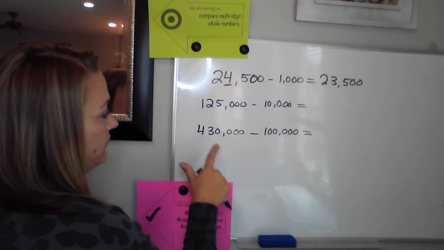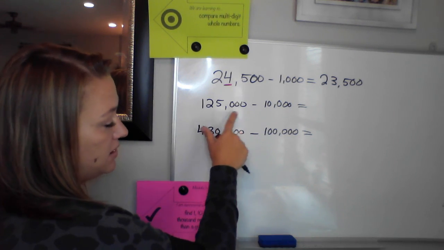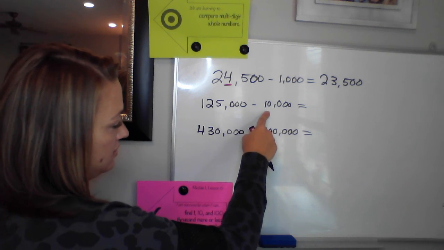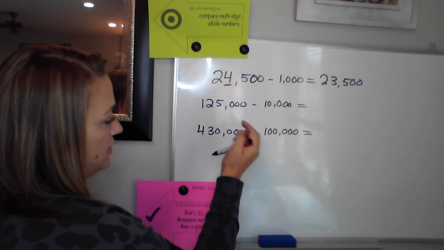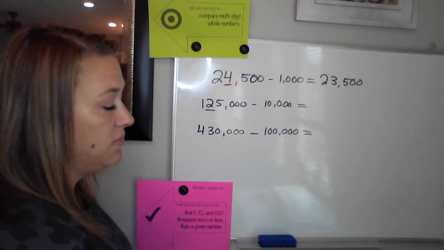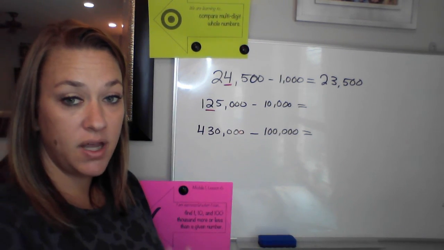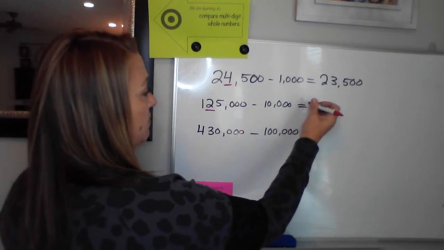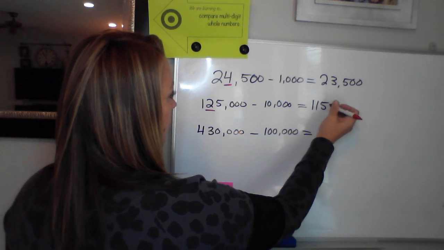How about this one? So I have 125,000 minus 10,000, taking away 10,000. So I'm going to locate my 10,000s place. I have 2 of them. So 2 minus 1 is going to leave us with 1 of them. So it's going to be 115,000.